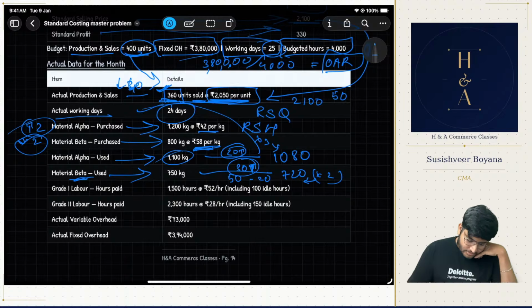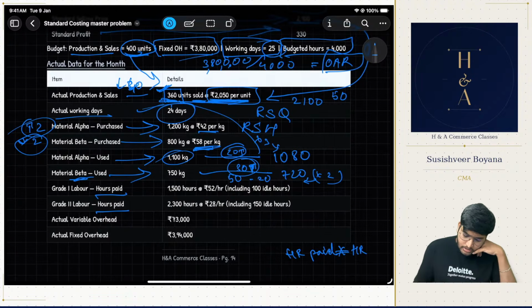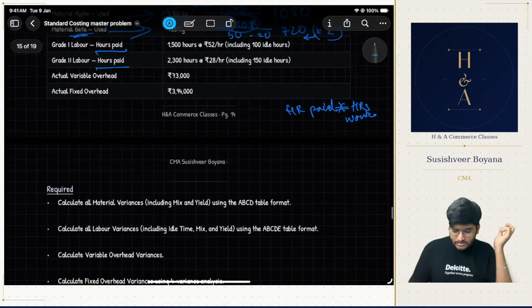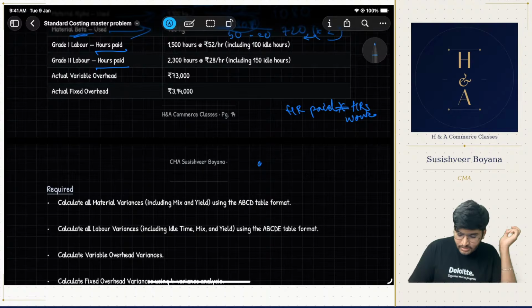Then let us look at grade 1 labor. Hours paid. See, remember, hours paid is not equal to hours worked. Sir, why, sir? I'll give you a brief example. Let us say I go to a 9 to 6 job. I'm in the office for 9 hours, correct? In this 9 hours, I get paid for 9 hours.